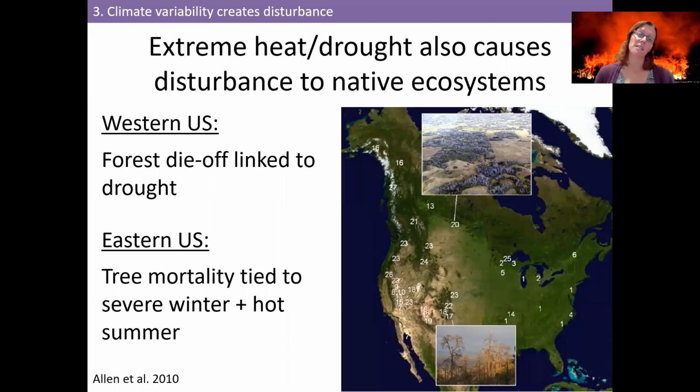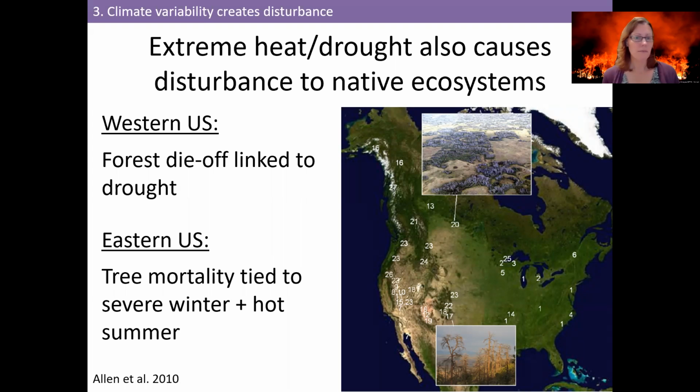There aren't as many studies of climate change links to forest ecosystems in the eastern part of the US, but the studies that have been published have shown a link between tree mortality and severe winters in the Northeast.